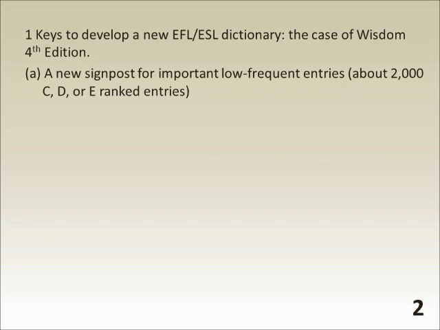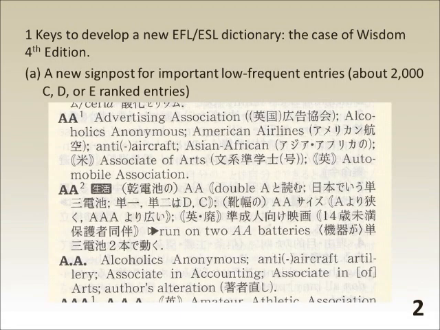The point is to make the contents of a corpus-based dictionary more competitive. It is important to put in user-oriented signposts, logos, and example sentences or phrases, especially for low-frequency entries, because in any dictionary, descriptions of high-frequency entries are more or less similar.